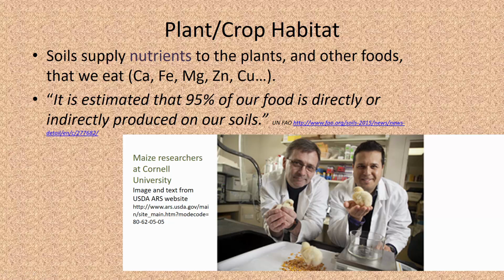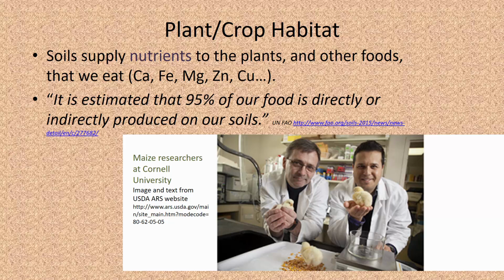Soils are also a plant and crop habitat. They provide many nutrients to plants. So these nutrients are in the soil column. They're coming out of minerals that are in the soil sediments. And this includes important nutrients like calcium, iron, magnesium, zinc, copper, and many more. It's estimated that 95% of our food is either directly or indirectly produced on our soils.